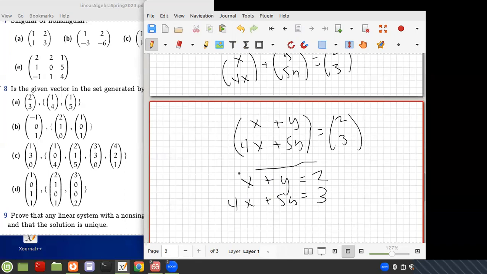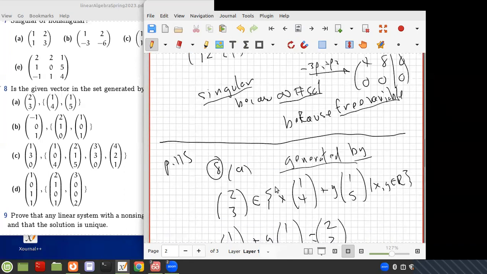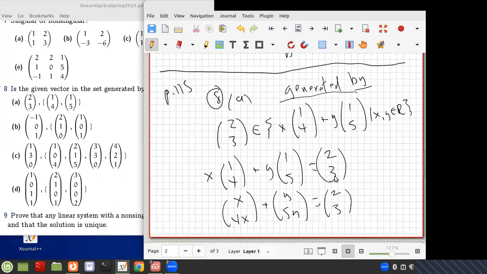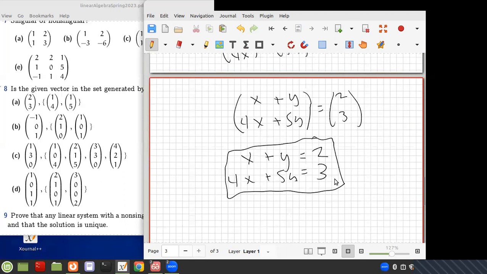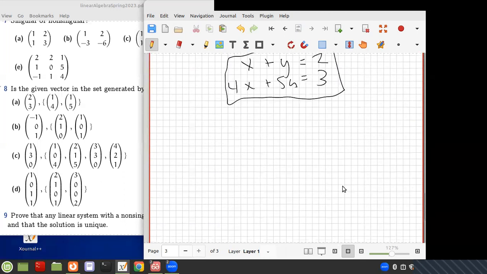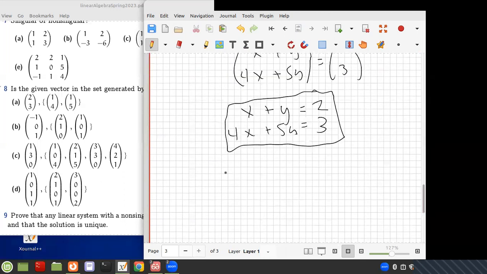Well, that's a linear system. So the question, is this vector in this set, is answered by solving a linear system. Let's write down the augmented matrix for this linear system: 1, 4, 1, 5, 2, 3.